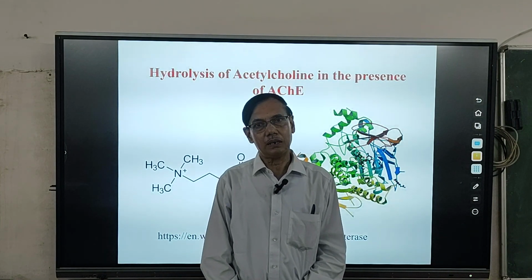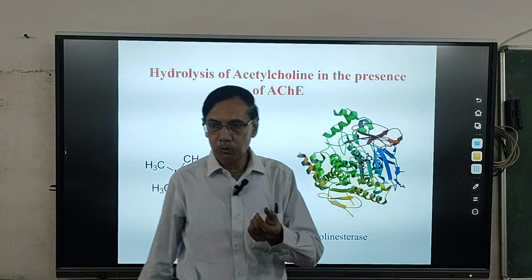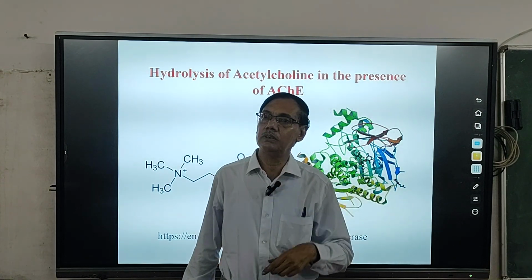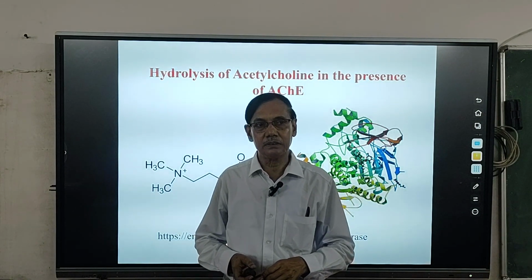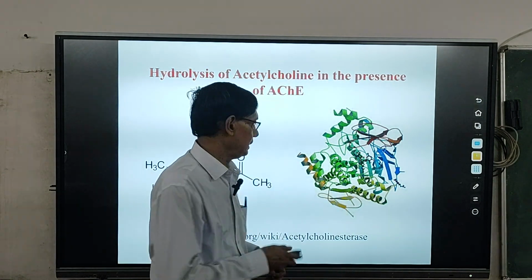And we have done a lot of work on this type of reaction. If you read some good books and research papers, you will get complete information about the turnover number, which is the most important characteristic of an enzyme, and then the Michaelis-Menten constant and other things.